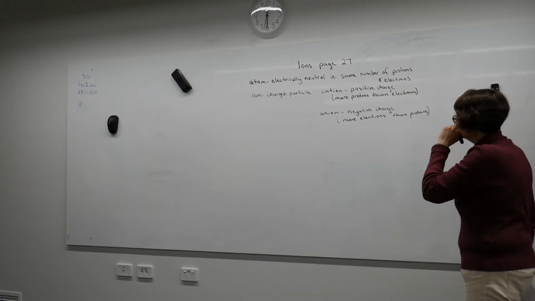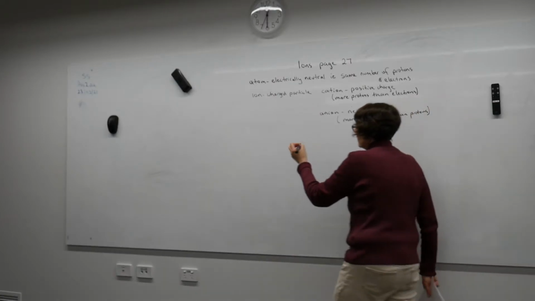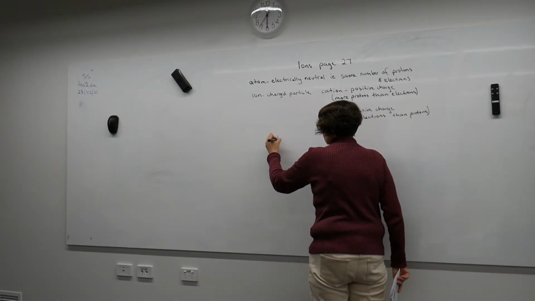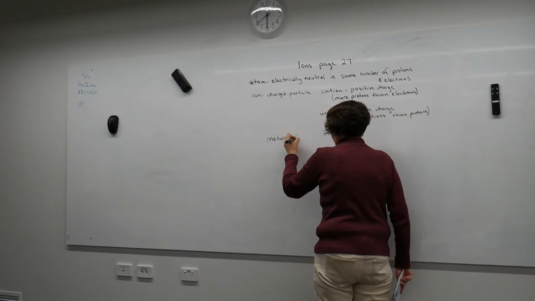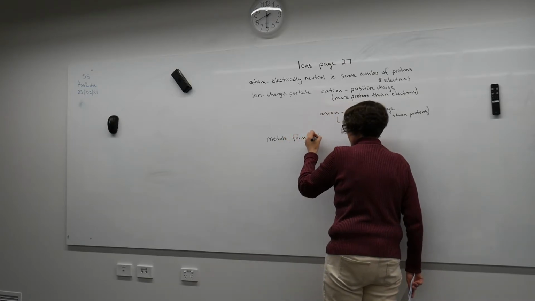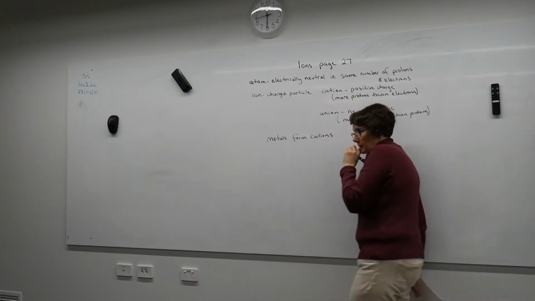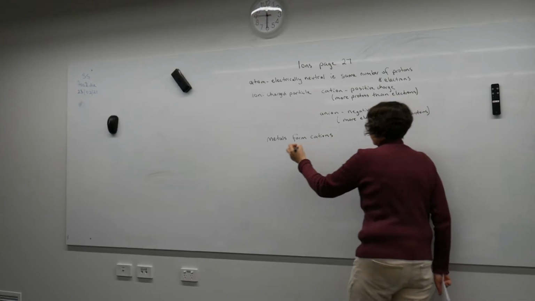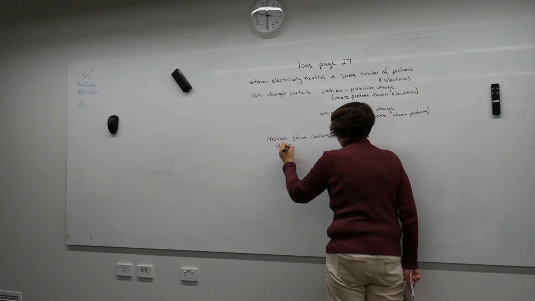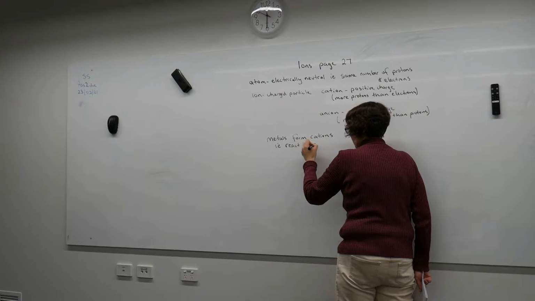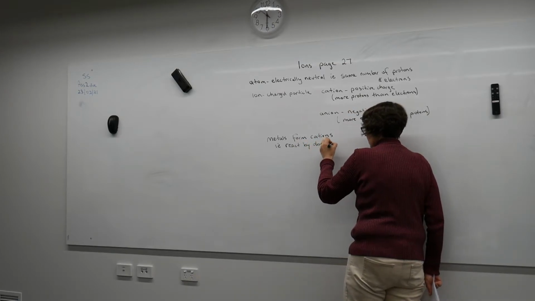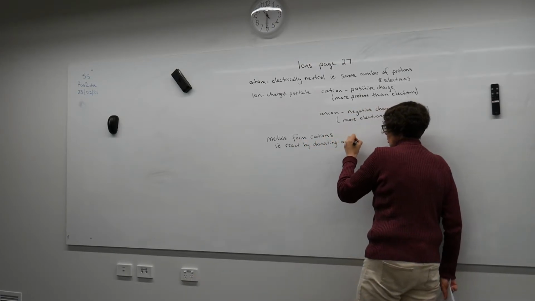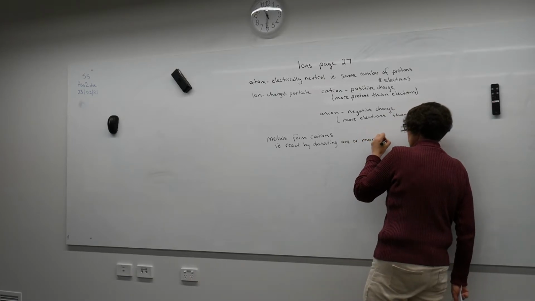And so, if we think about our metals, they form cations. They react by donating one or more electrons.